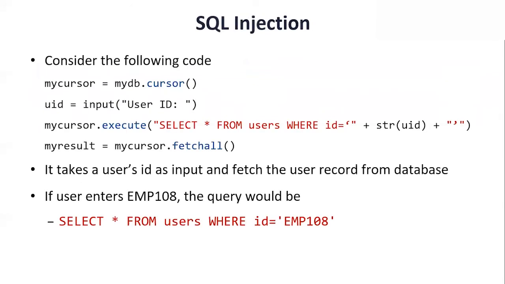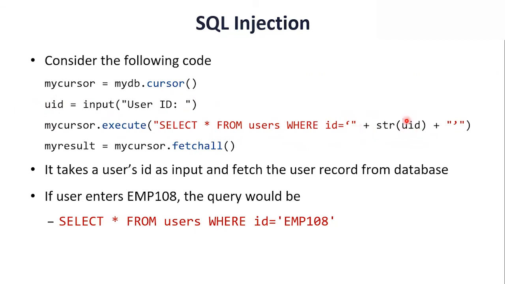Then we will look at another security concern that we have when we are dealing with these databases. Let's consider this simple program where we have connected to a database and we are taking the user ID as an input. We ask the user to enter his user ID, that is UID, and we execute a query, select all from users where ID is equal to whatever ID was provided by the user.